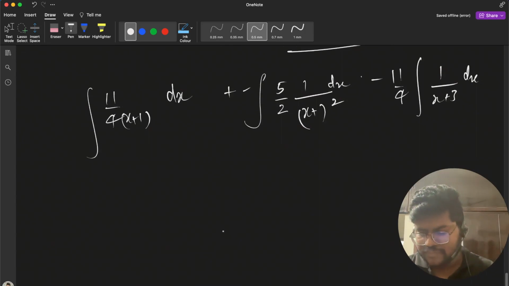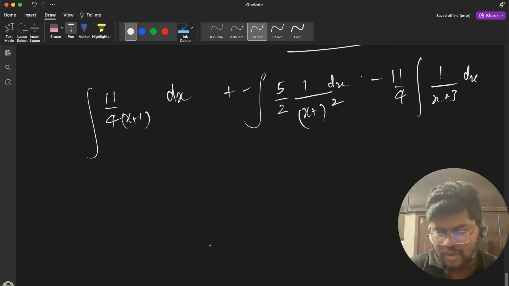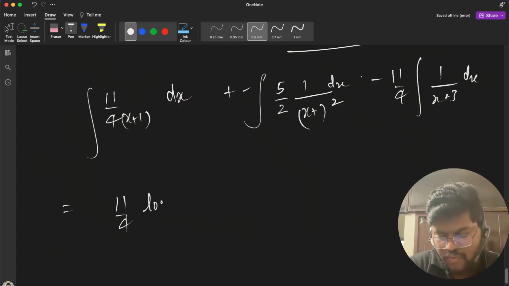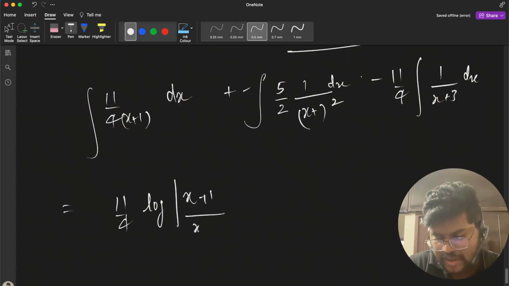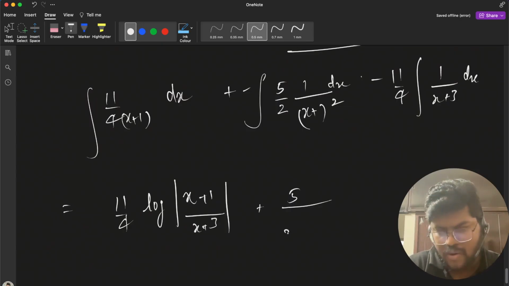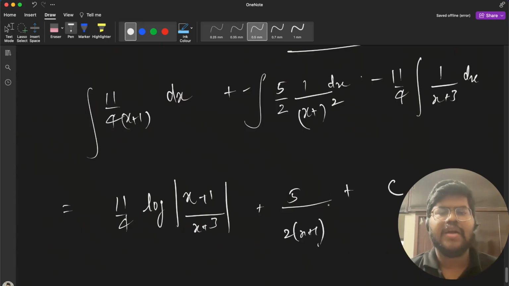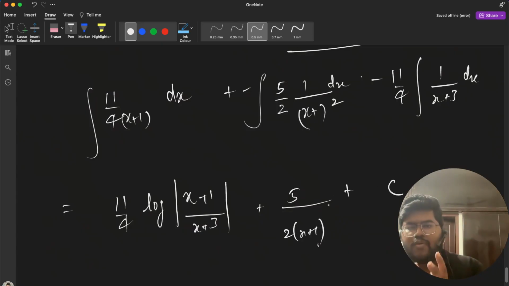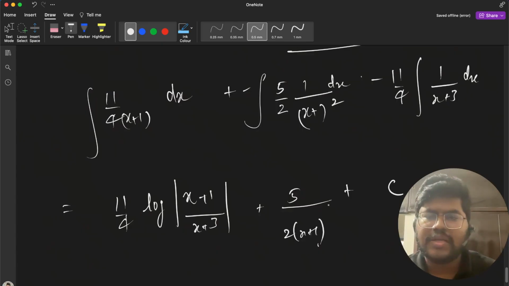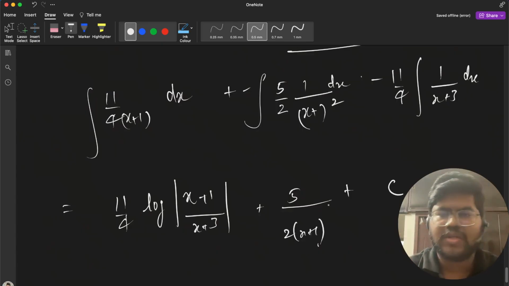After solving the integration, the final answer is 11 upon 4 log of (x plus 1) divided by (x plus 3) plus 5 upon 2 times (x plus 1) plus c. The two logs with 11 by 4 combine using the division rule because of the minus sign.